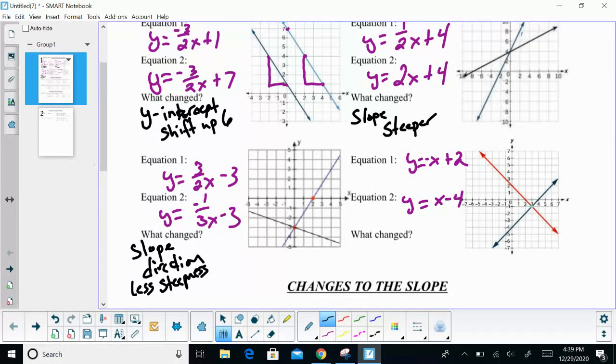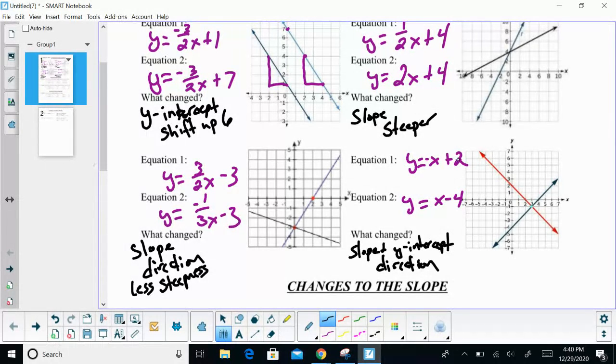Okay, last set. What changed here? My slope and my y-intercept changed. What about my slope is different? The sign, I went from negative to a positive, so the direction would change.